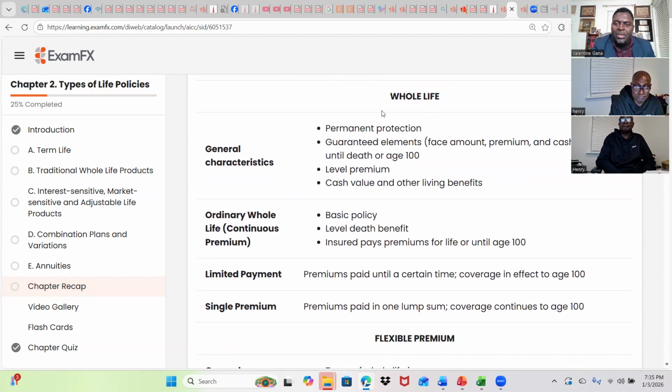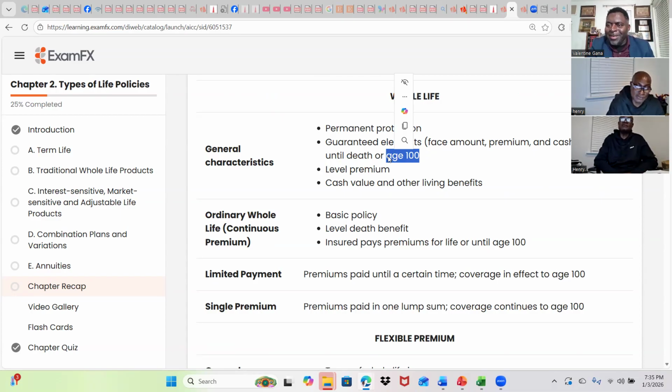Whole life, again, I talked about whole life. Just remember that when you see whole life, it will last up to age 100. At age 100, your policy will mature. Even to me, I believe that whole life is maturable at death.